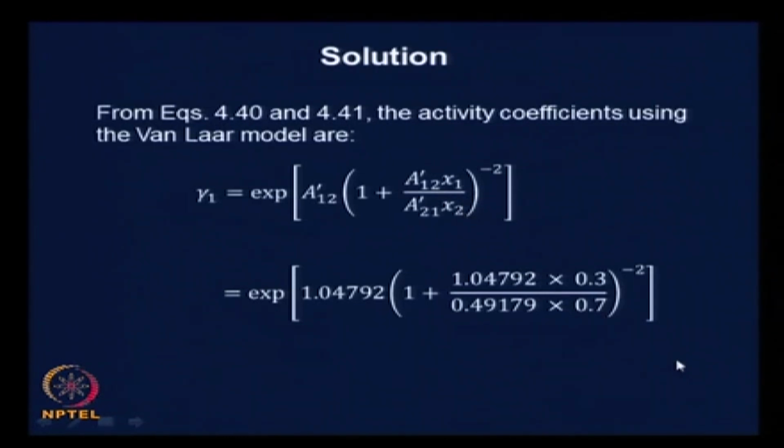If you do the calculations, you should get 1.331. Okay, so this is gamma 1 for isopropanol in this particular binary system.